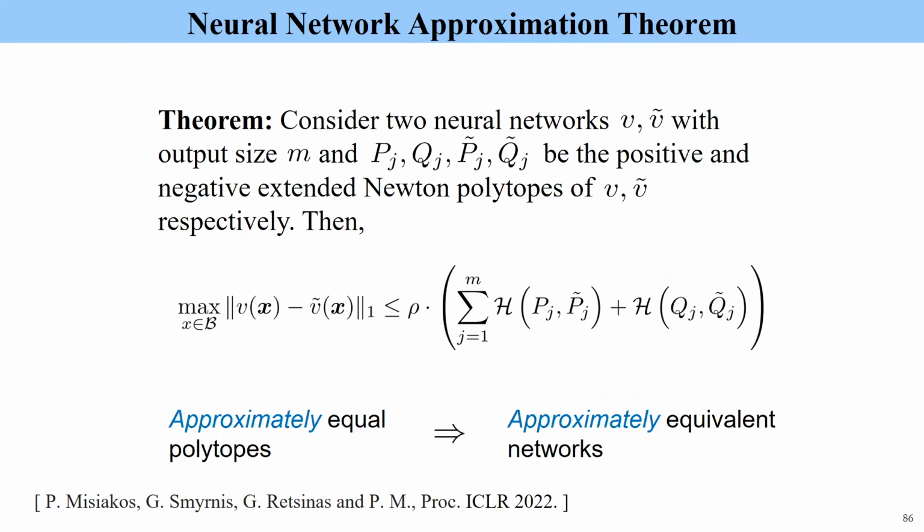So then approximately equal polytopes produce approximately equivalent networks.